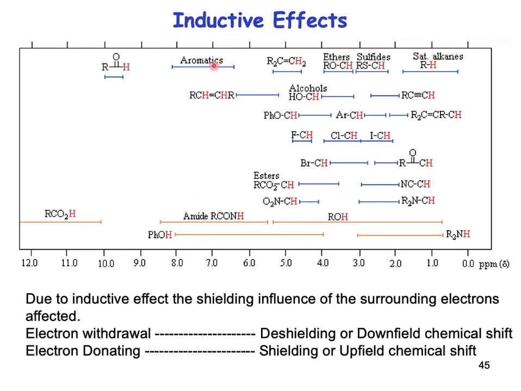The proton which is attached with the more electronegative element, or with the element which has more electron withdrawal effect, will come at high frequency region, and the proton which is attached with an electron donating group always comes at shielded region or low frequency region, right?